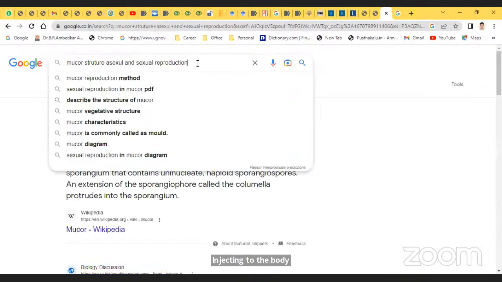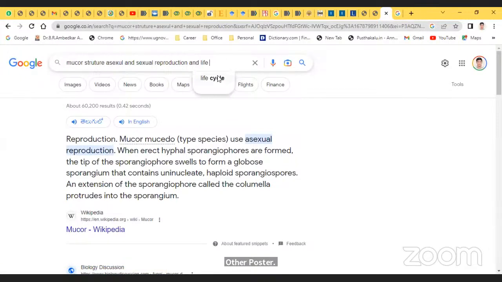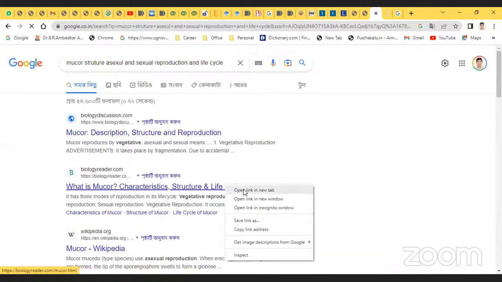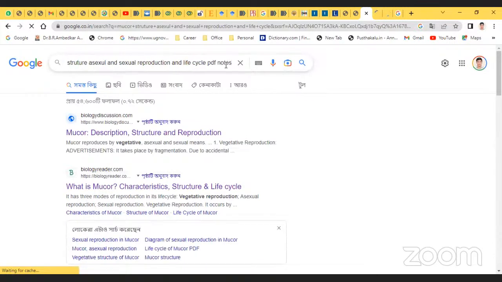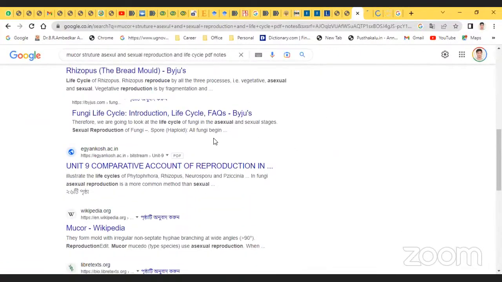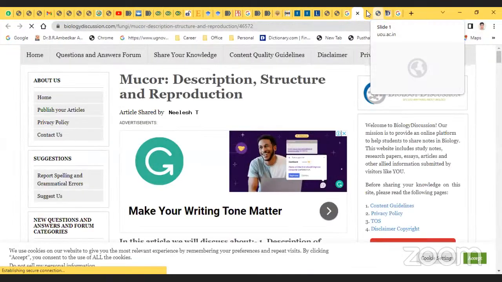Yes. Life cycle. Just wait, I will share the life cycle. So here the mycelium is aseptate and coenocytic.